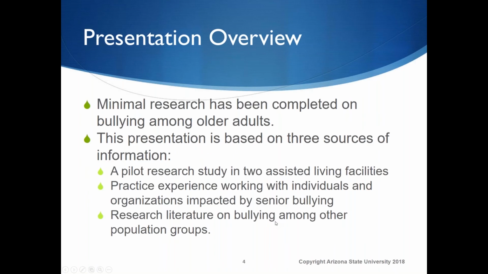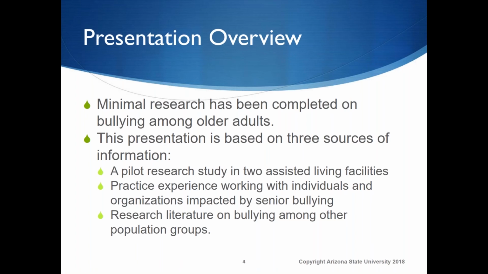So first of all, I'd like people to be aware that really minimal research has been completed on bullying among older adults. So the information that I'm going to share with you is based on 3 sources of information. I think it's very important that you know where the information is coming from. So it's from my research, which took place in assisted living, 2 large low-income facilities in a metropolitan city.